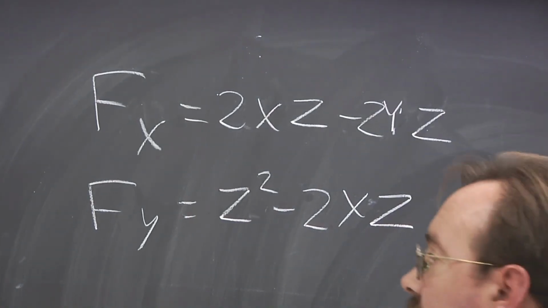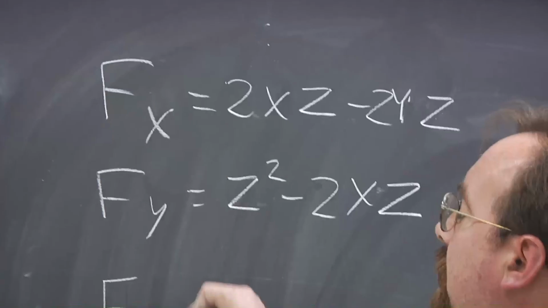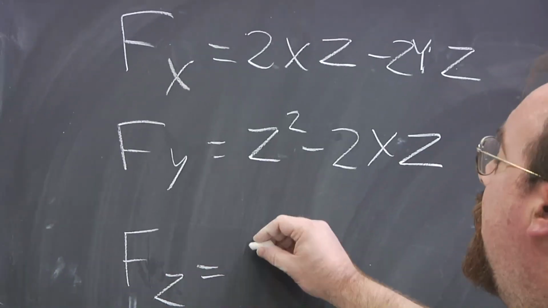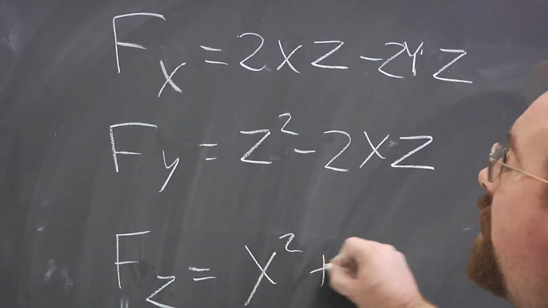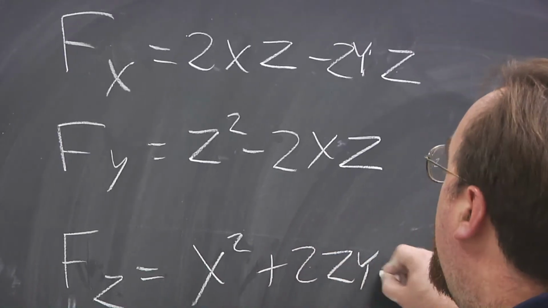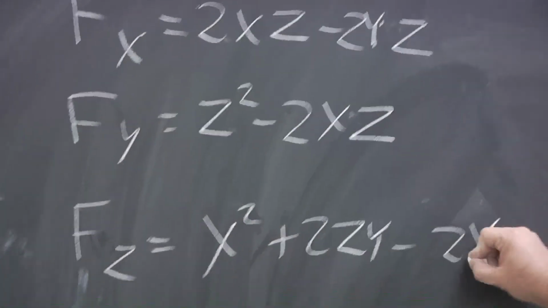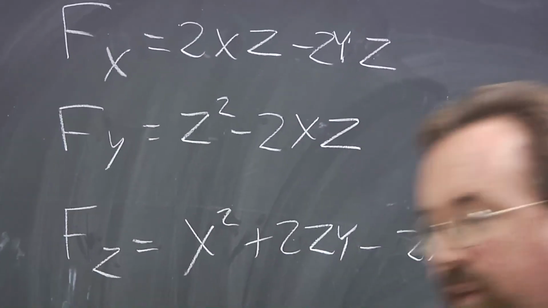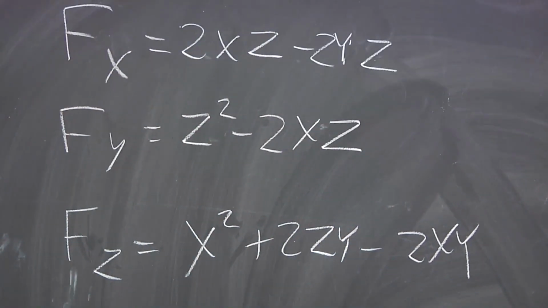And then fz is going to be x squared plus 2zy minus 2xy.